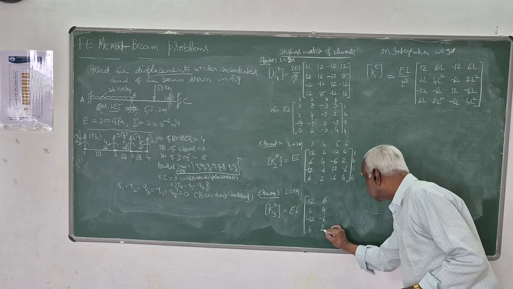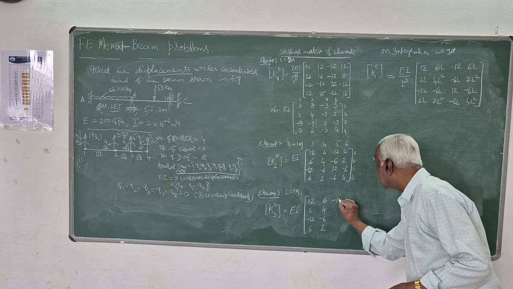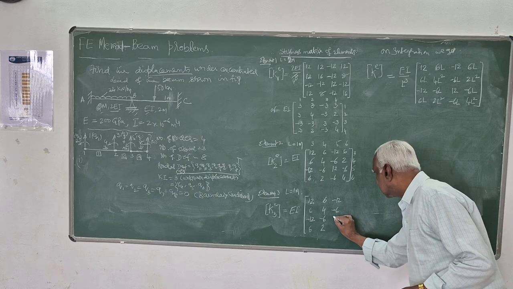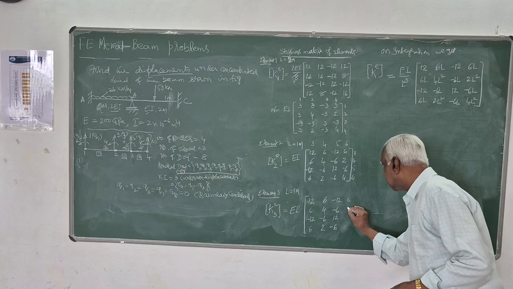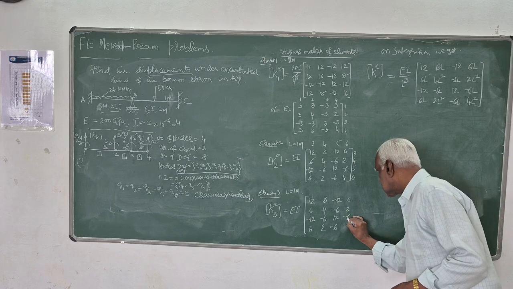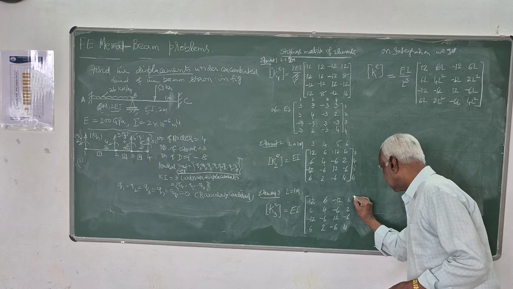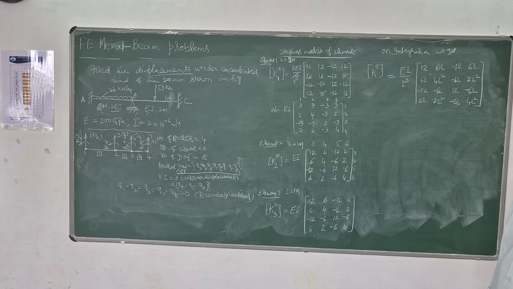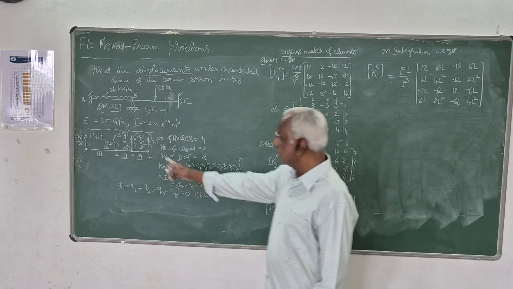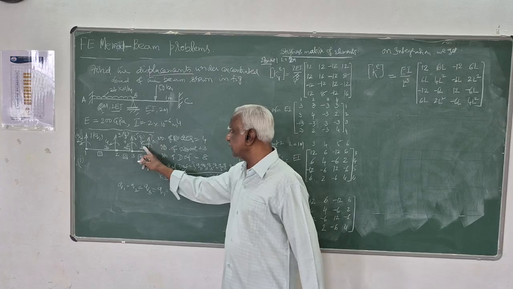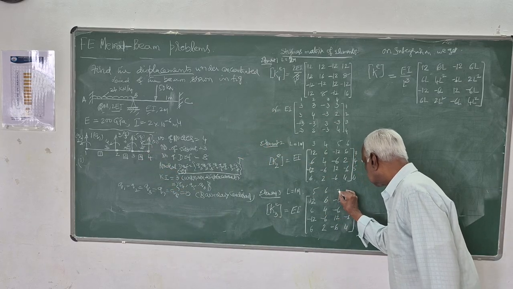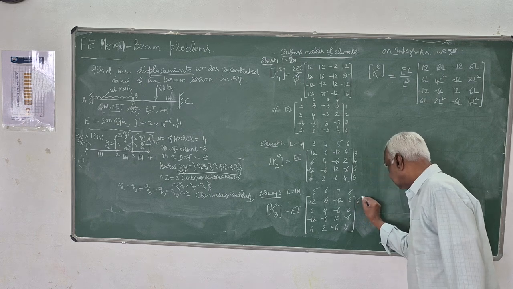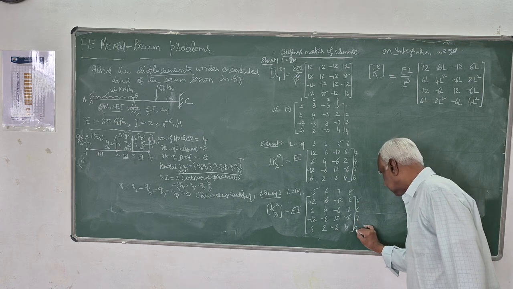Minus 6, 2, minus 12, minus 6, 12, minus 6, 6, 2, minus 6, and 4. The degrees of freedom for element 3 are 5, 6, 7, 8.